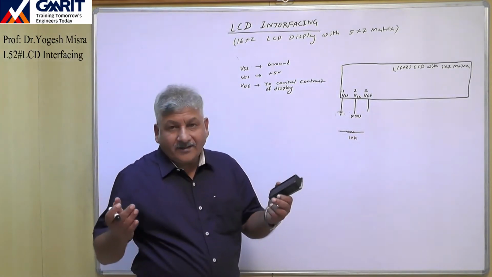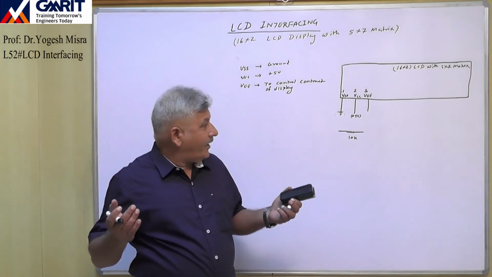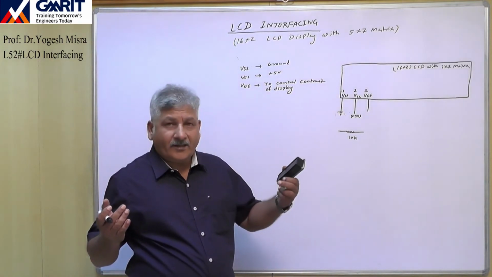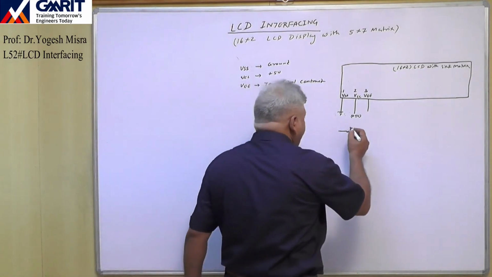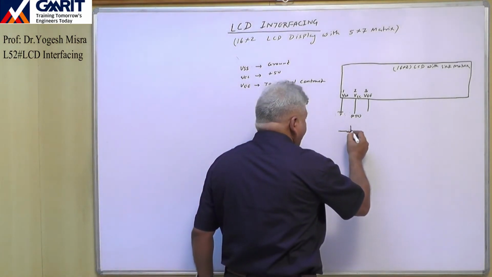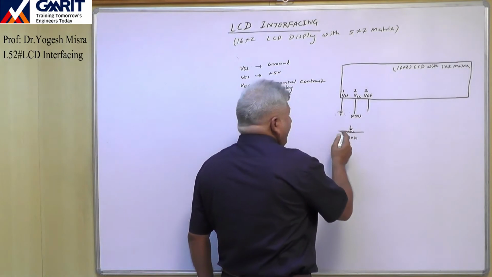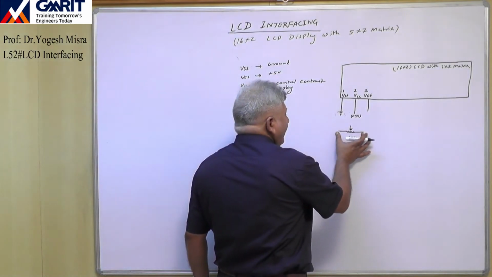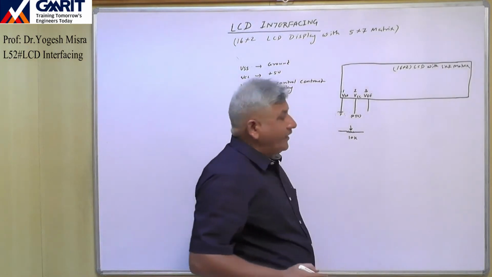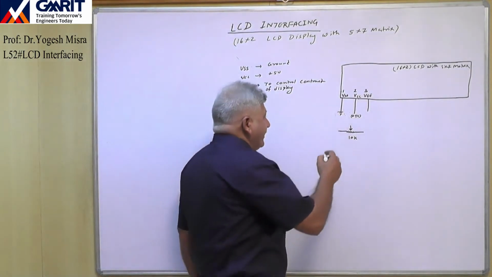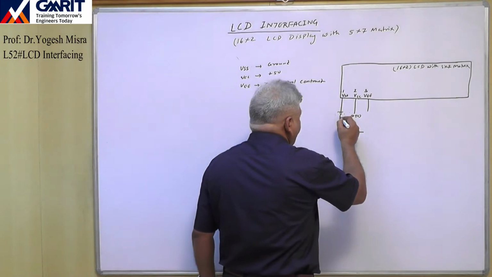Now the two extreme ends of this potentiometer, extreme ends of left side and right side. It basically has three terminals, right? So two extreme ends of this potentiometer will be connected to ground and VCC, like this.